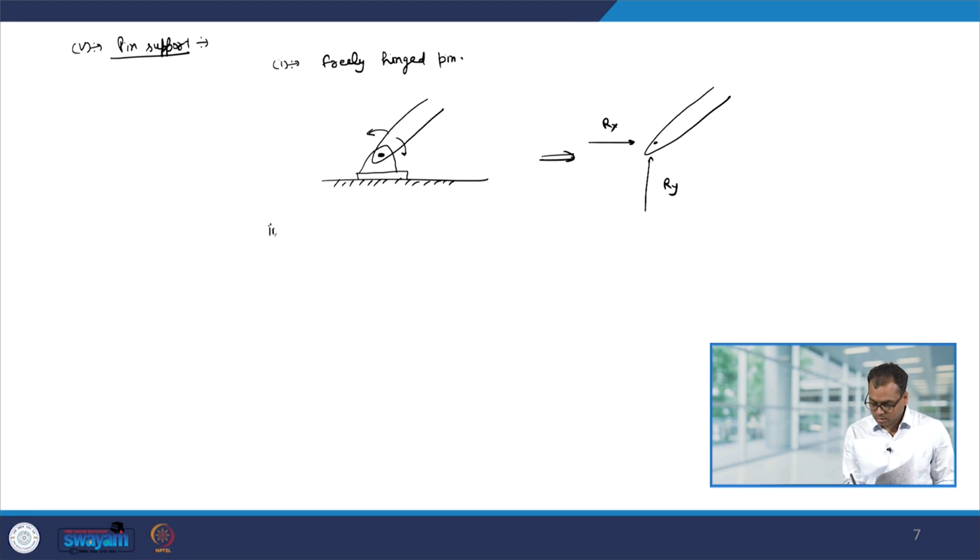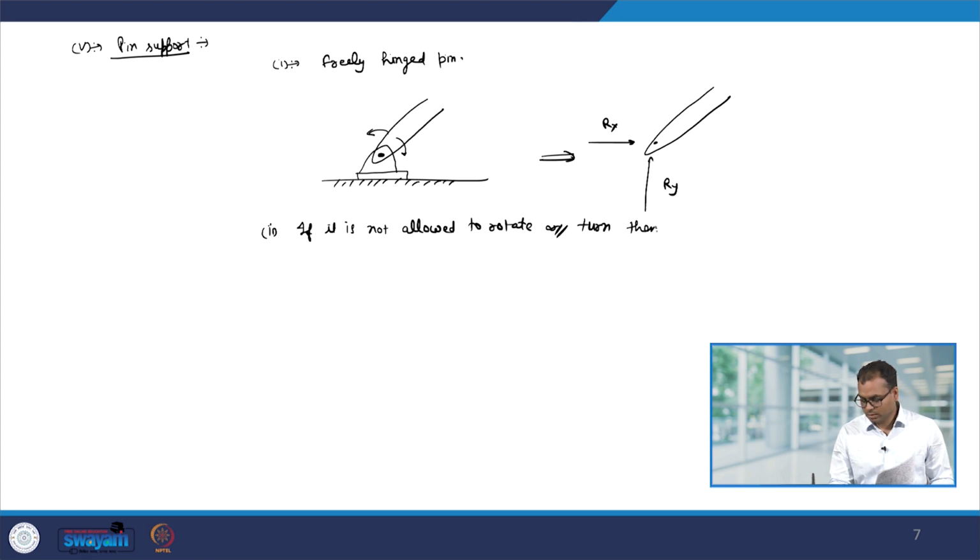However, if it is not allowed to rotate or turn, then it will also support a couple.